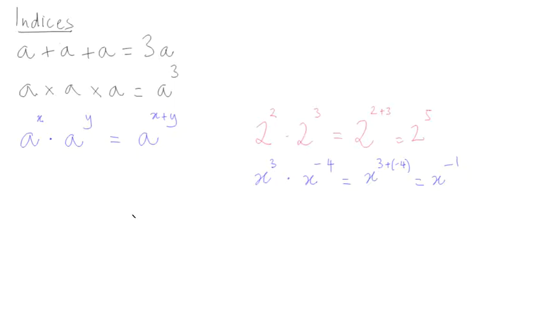Another rule of indices is a to the power x divided by that same base a to the power y. You have a divided by sign here instead of the multiply, and that simplifies to a to the x minus y.